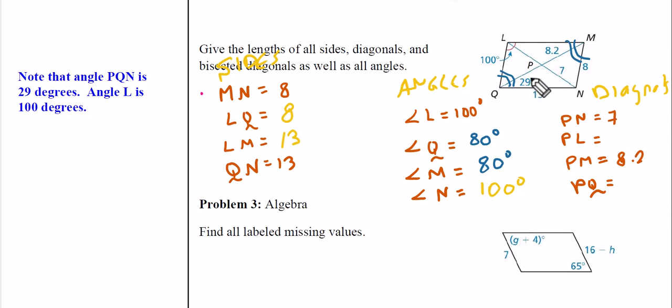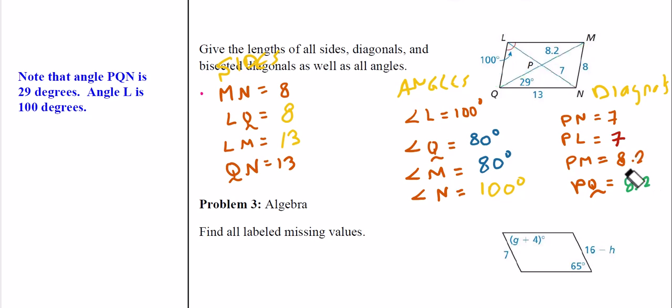Now, how about the diagonals? So PN, from here to here, it's 7. That means from L to P is also going to be 7. PM is 8.2, which means PQ is going to be 8.2.